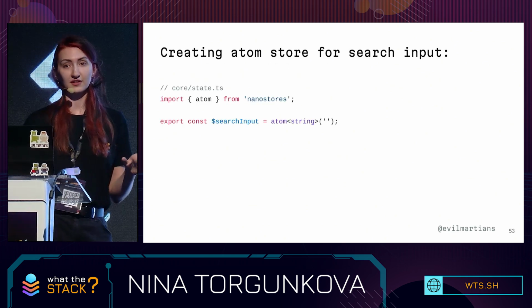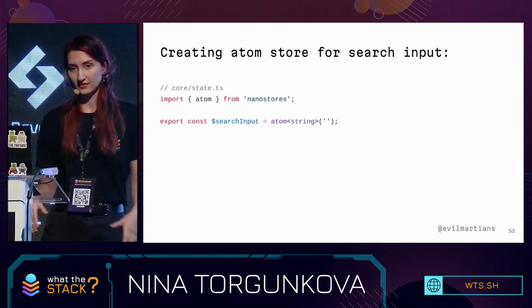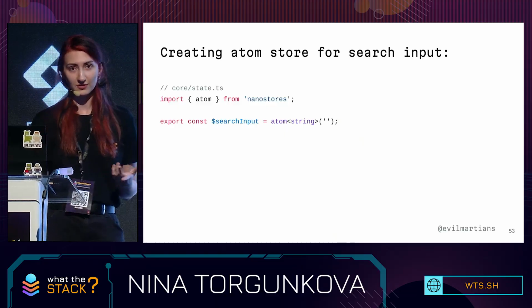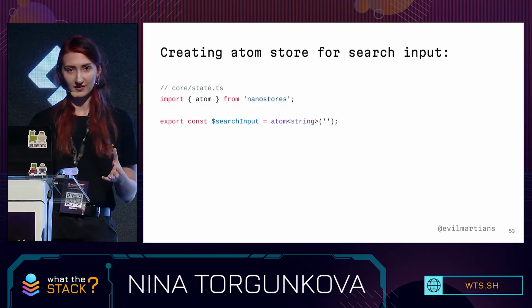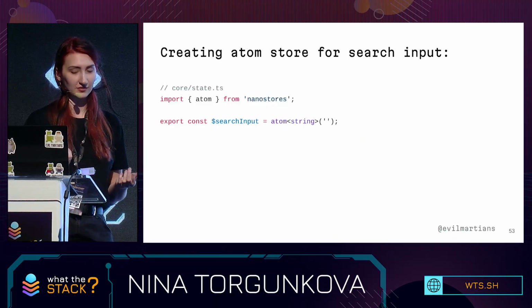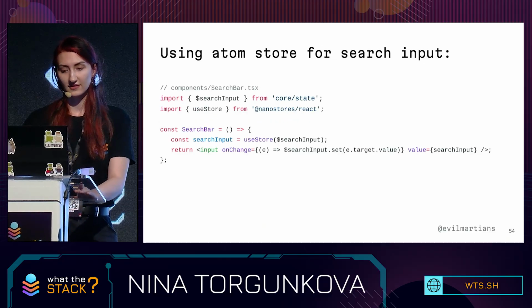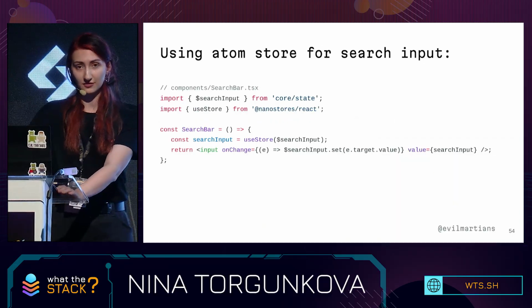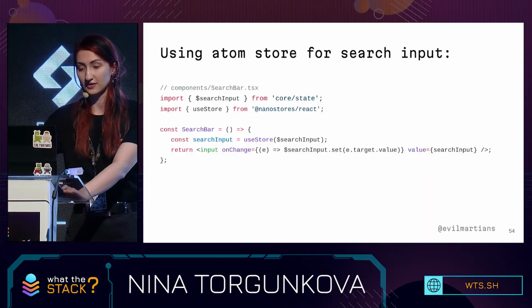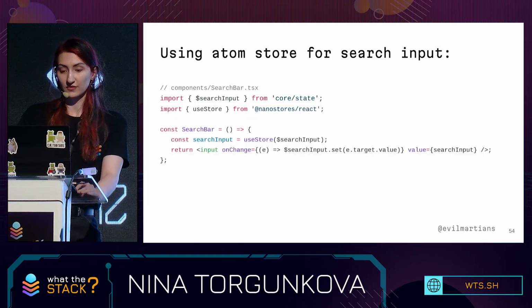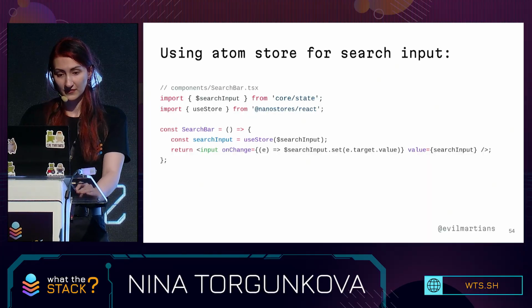Here we will need another atom store. As the search string is empty in the beginning, we just pass an empty string to this atom. Then, exactly the same, we create a search bar component and subscribe to the search input store changes.